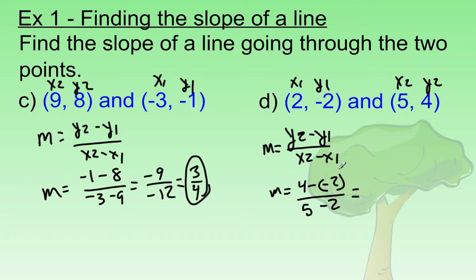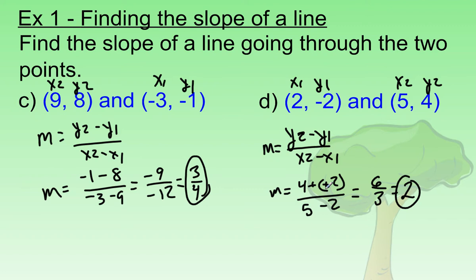These types of problems, it's really important to know your integer math pretty well, your adding and subtracting especially. 4 minus negative 2, keep flip change, becomes 6. 5 minus 2 becomes 3, and that equals a slope of 2. So the formula is not too bad. Once you get the hang of it, it's pretty quick, pretty easy.